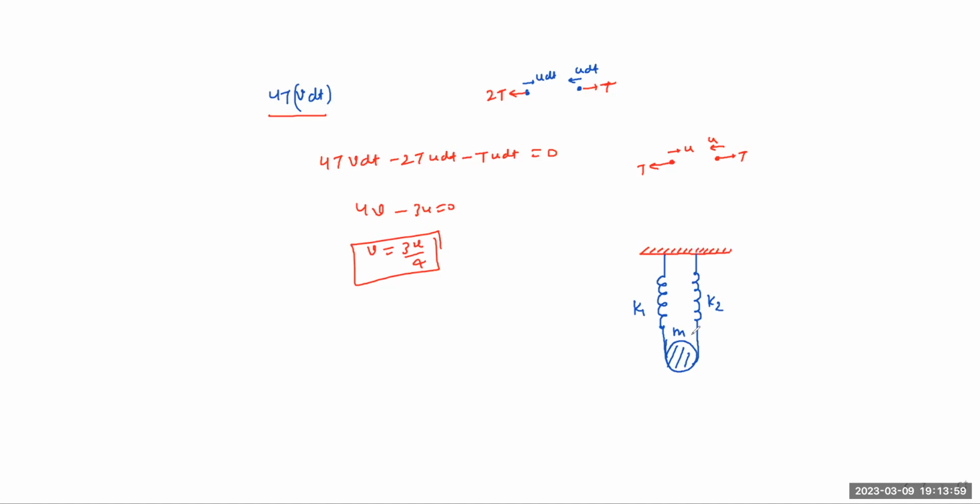Now you need to understand something. Whenever we have a spring as part of some string, what remains the same? The tension remains the same. If you draw a string, then a spring attached to it, then again some string, the tension will be the same for all. Why? Because our spring is massless. And what is the property of a massless object?